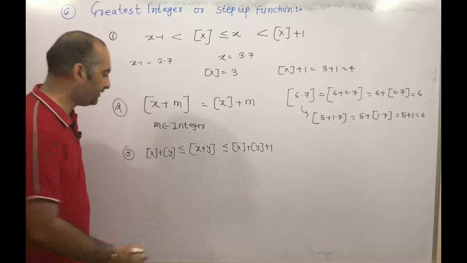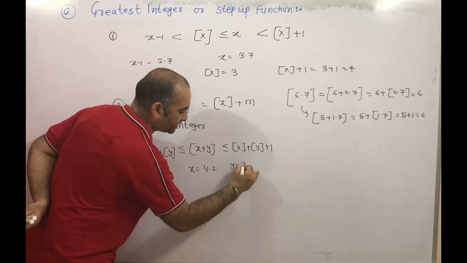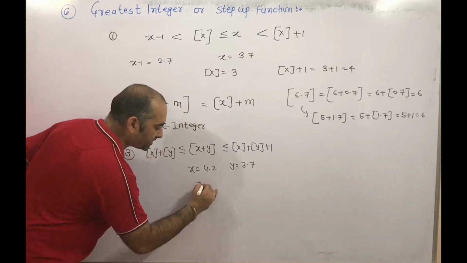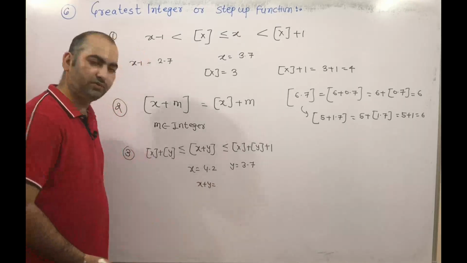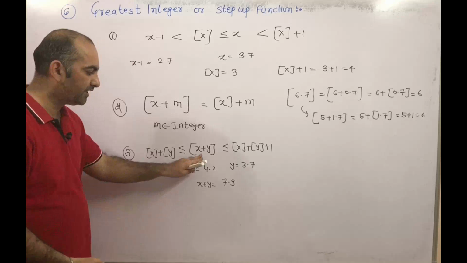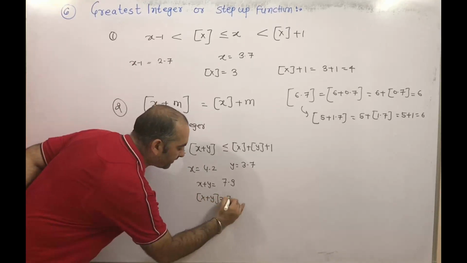For example, if x is 4.2 and y is 3.7. So here x plus y is what? 4.2 plus 3.7. So what will come here? 7.9. So the greatest integer of 7.9 is 7. So the greatest integer of x plus y is 7.